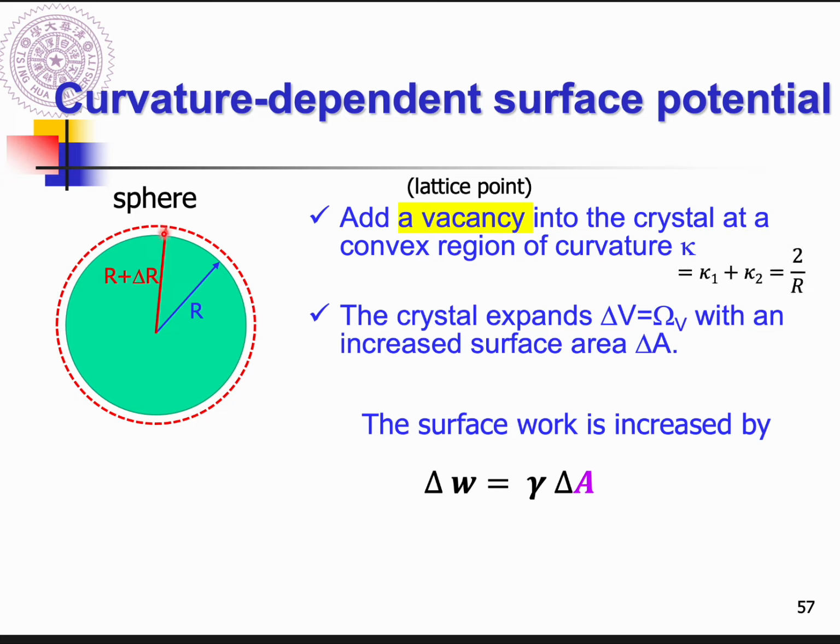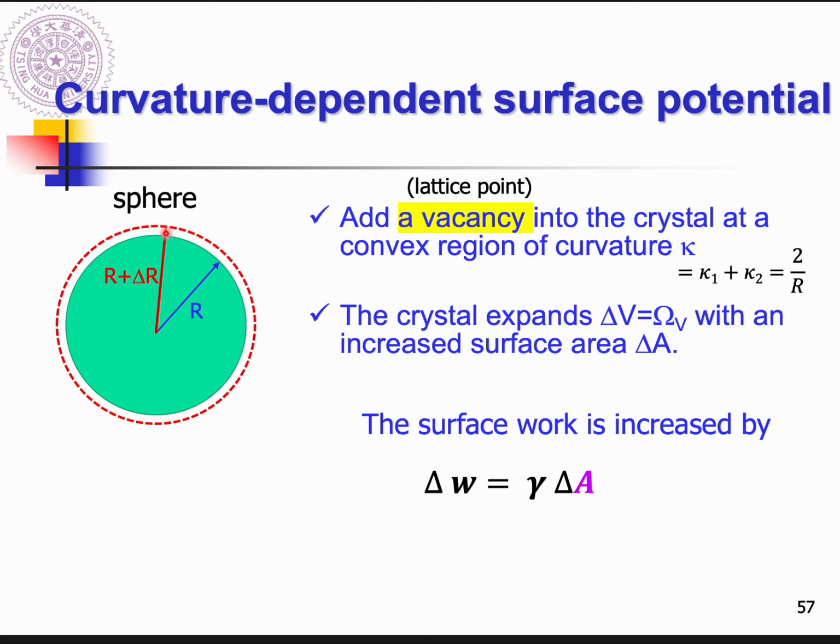And kappa here equals kappa 1 plus kappa 2. In this case, it is a ball-like structure, a spheroid or sphere. So the radius is capital R, and kappa equals 1 over r plus 1 over r, which equals 2 over r.